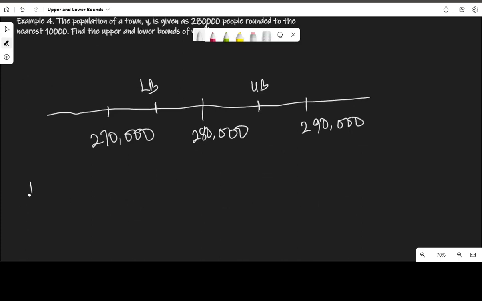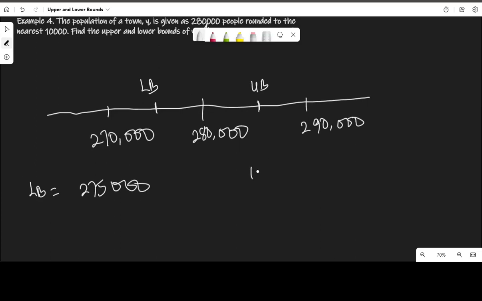For the lower bound, we add this to this and divide by 2. 270 plus 280 divided by 2 is 275,000.